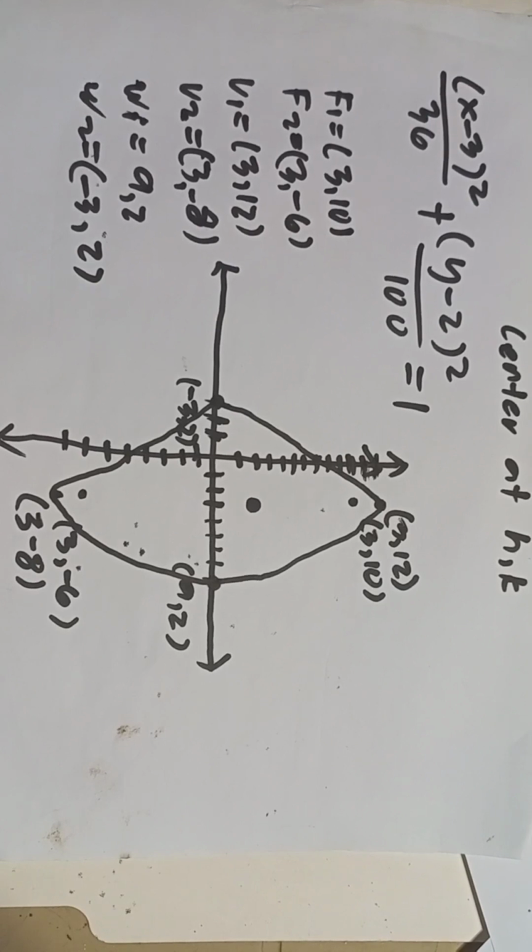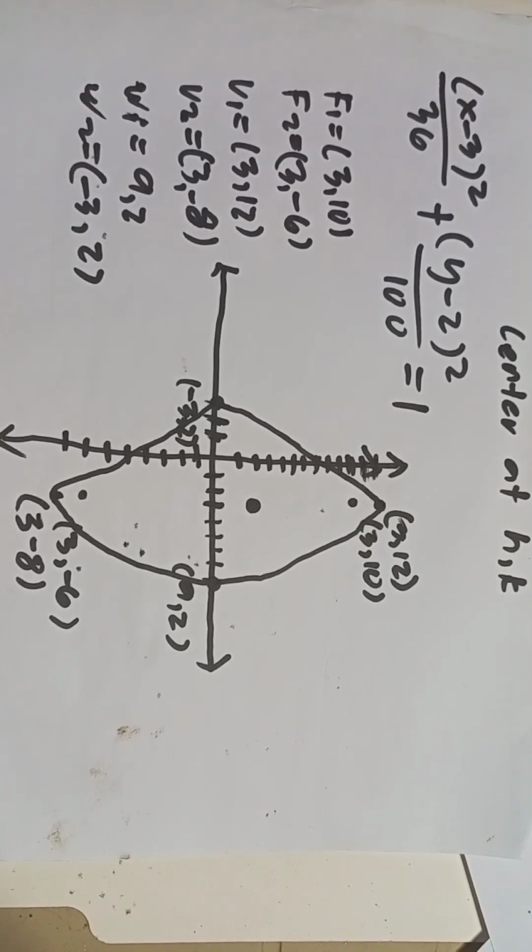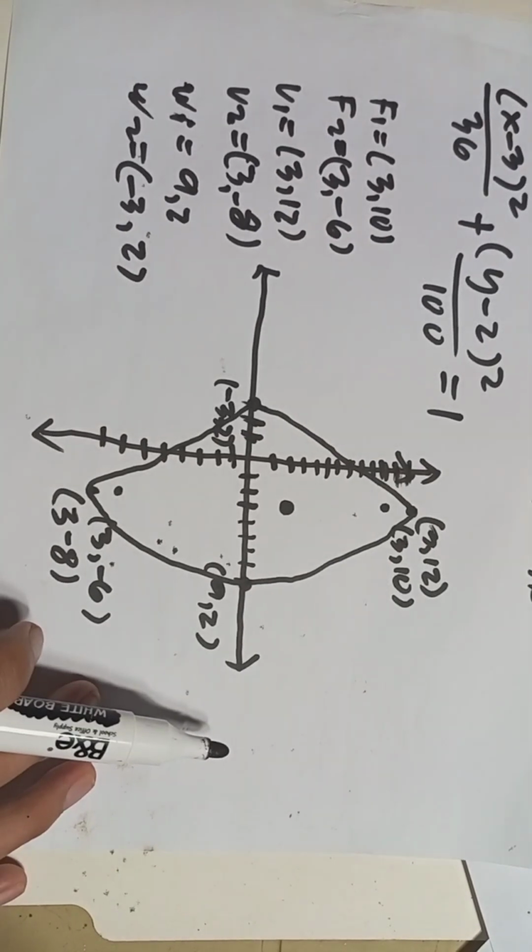So that's our topic on how we are going to get our ellipse. Next, we are going to transform the general form of the ellipse to standard form, in our next video.